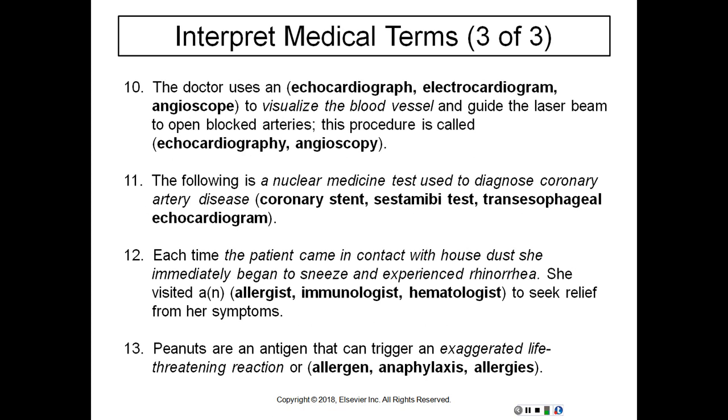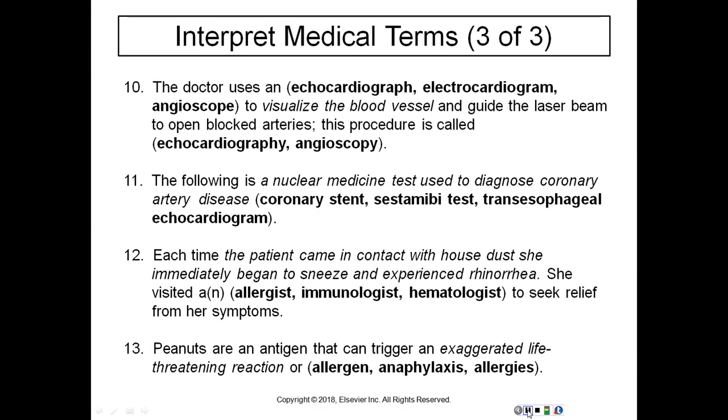So first of all, what is used to visualize the blood vessel and guide the laser beam? That is going to be an angioscope, because that's the actual instrument, and that procedure is going to be an angioscopy.